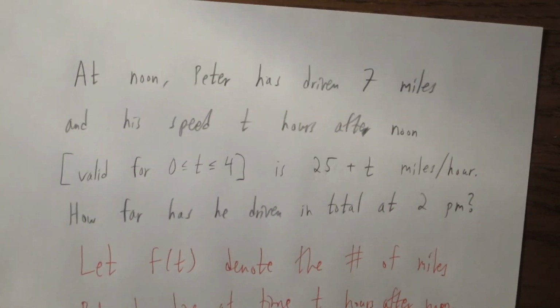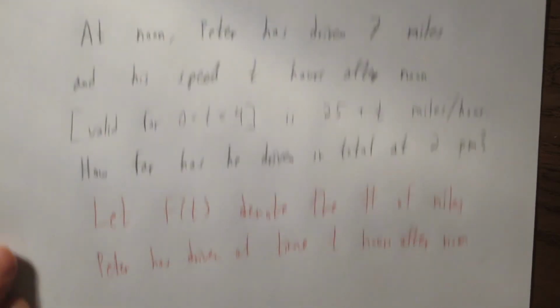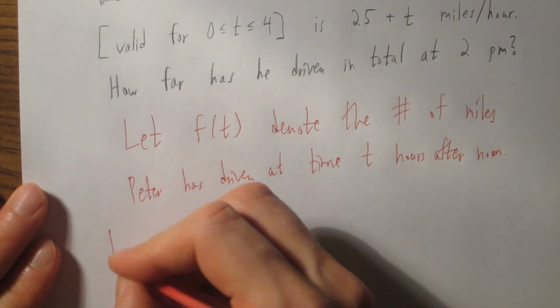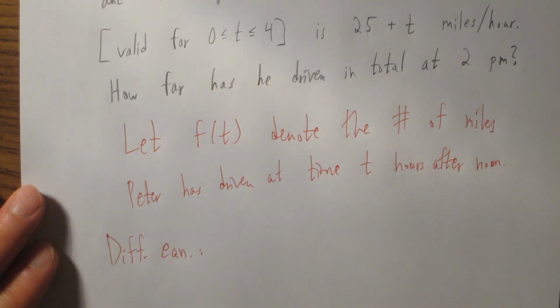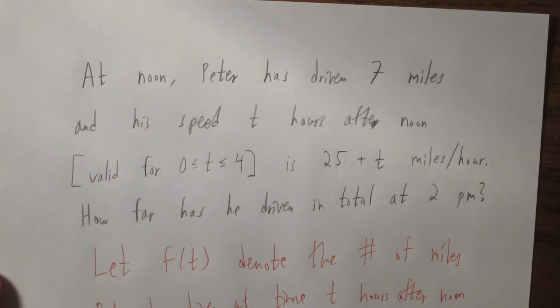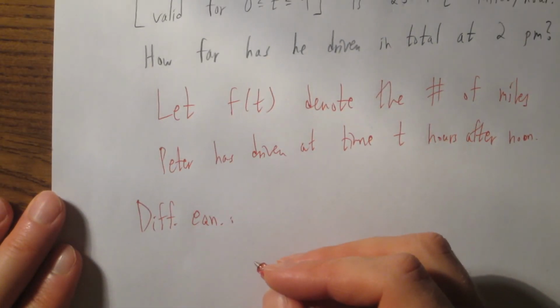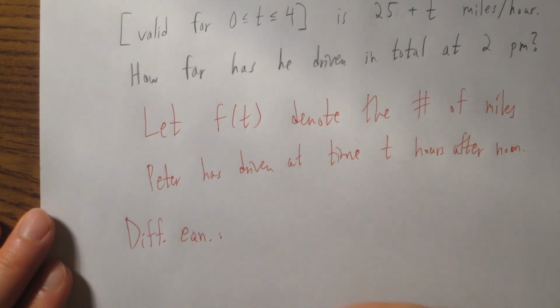Alright, so how can we use the given information to get the information in a mathematical sense about f(t)? Okay, we have a differential equation because we know his speed at time t. Speed is the rate of change of distance, and hence it's described by the derivative of a distance function.